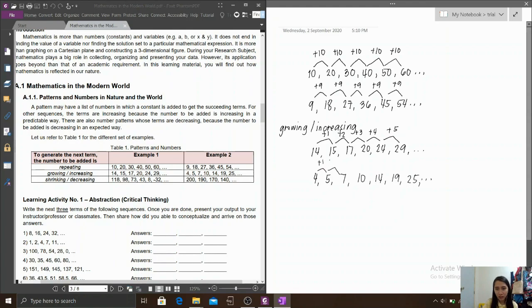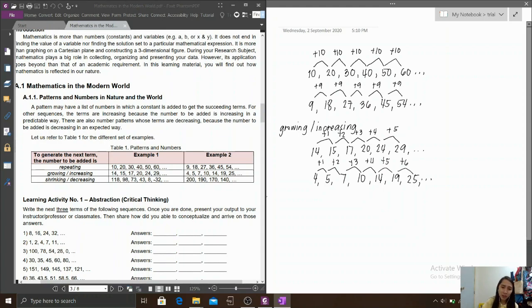In order to get 7, we'll add 2, plus 3, plus 4, plus 5, and plus 6. So this is increasing. Again, every step, we increase by 1.